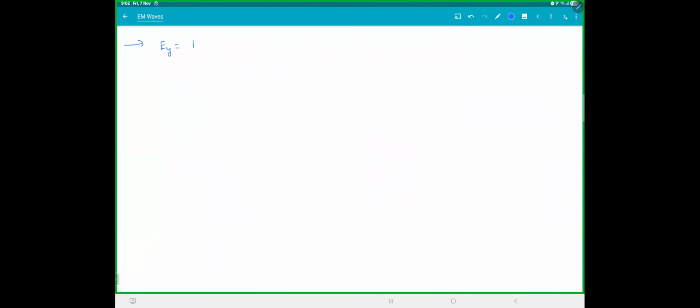So Ey is given by E naught sine kx minus omega t. This is your wave equation if you remember. So Ey is your electric field in the y direction.